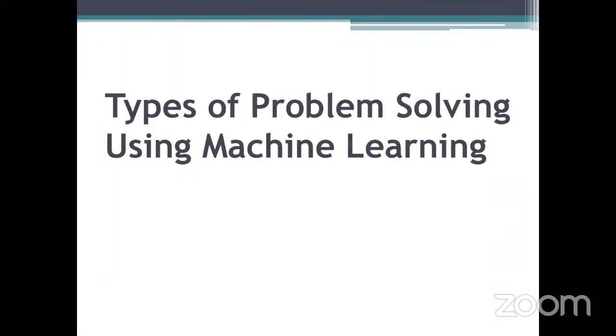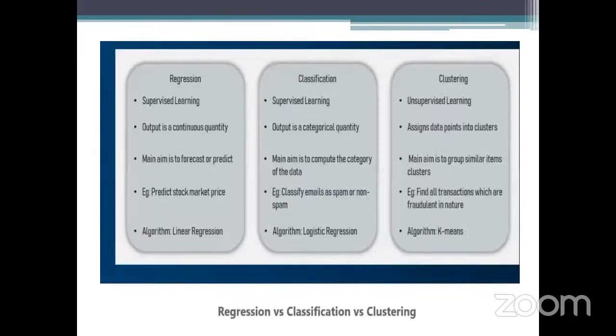Next, we can go for types of problem solving using machine learning. In machine learning, all the problems can be classified into three types. What are they? They are regression, classification, and clustering.